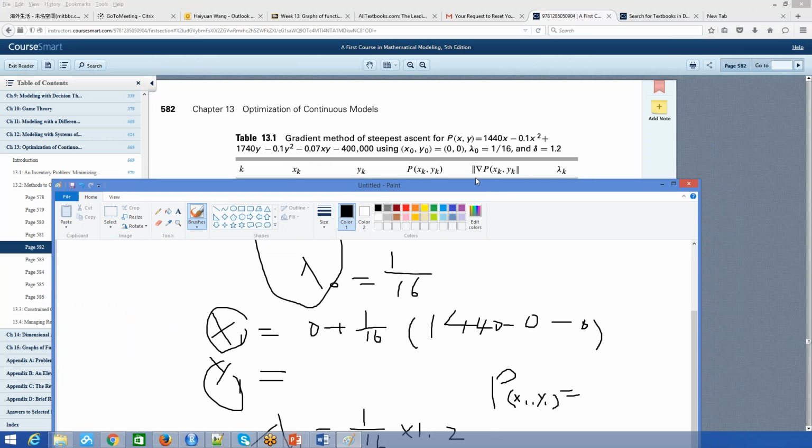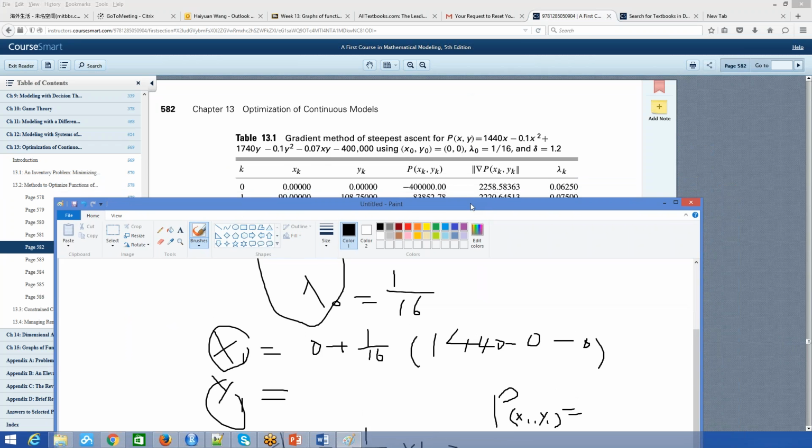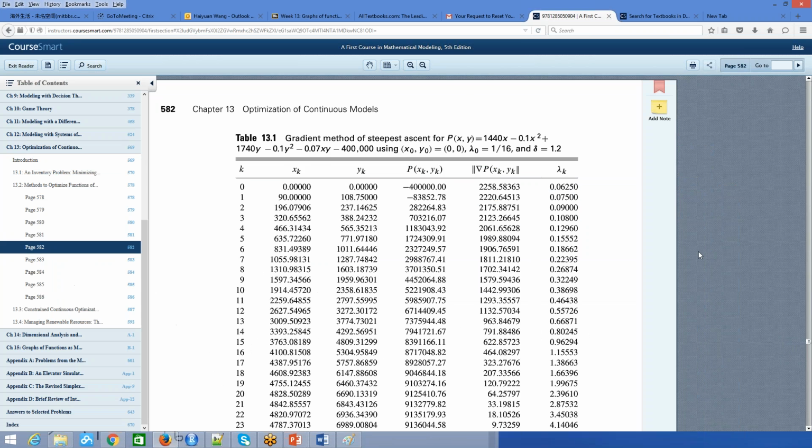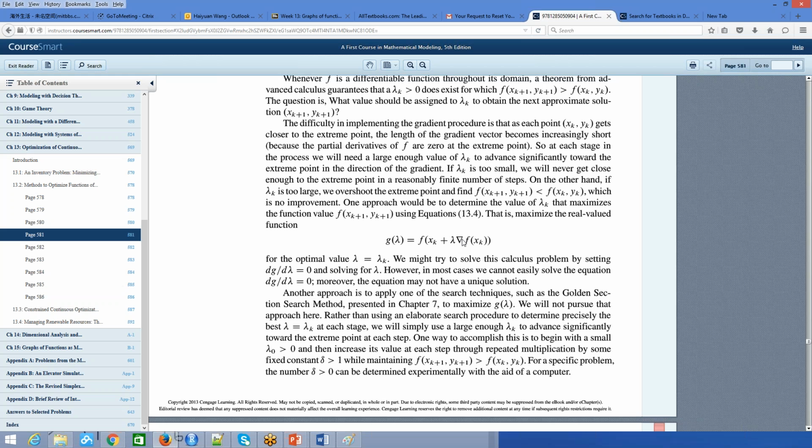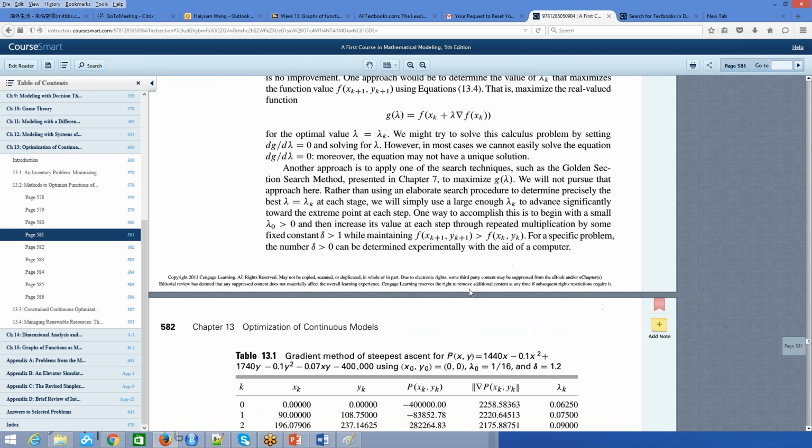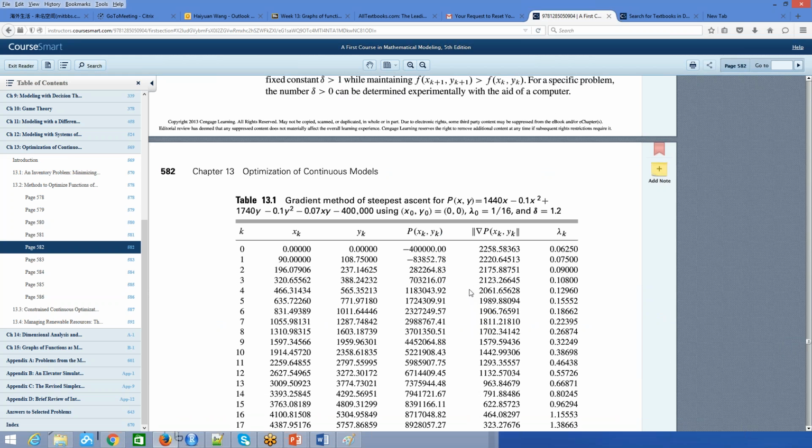And then this one, I believe it is, oh, so essentially we only got here, right? We're trying to find what's this.